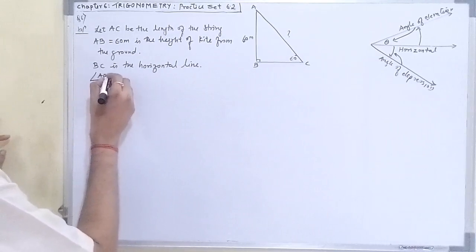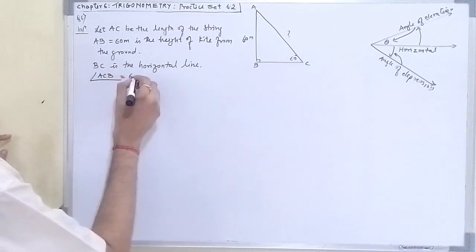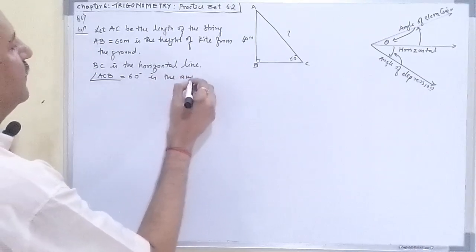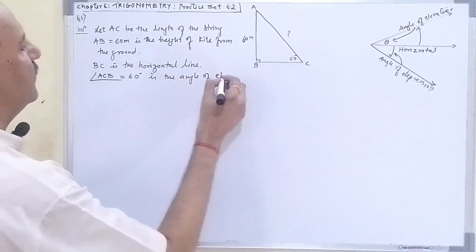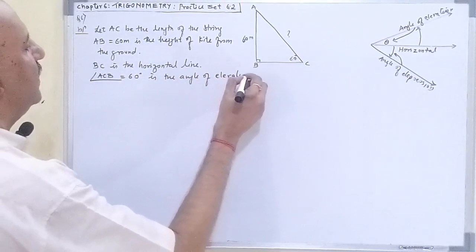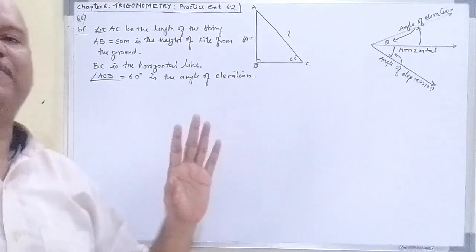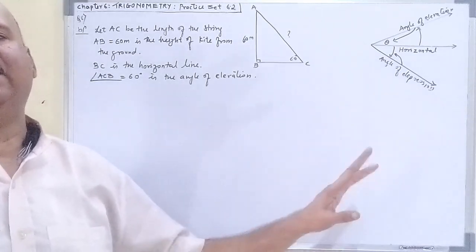Angle ACB equal to 60 is the angle of elevation. Done. We have written all the information needed.